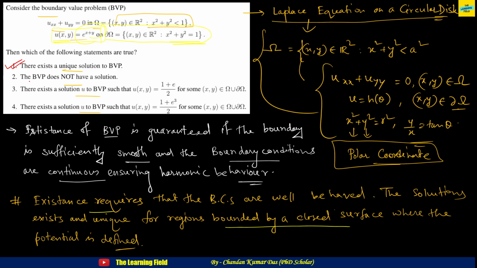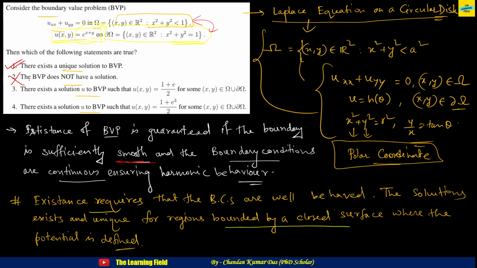So based on the boundary condition, you have to say whether the solutions exist and are unique. Suppose there is a boundary which is not a smooth curve, because we need a smooth curve and boundary conditions ensuring the harmonic behavior. So this is a very smooth curve, and that's why the solution exists as well as being unique.